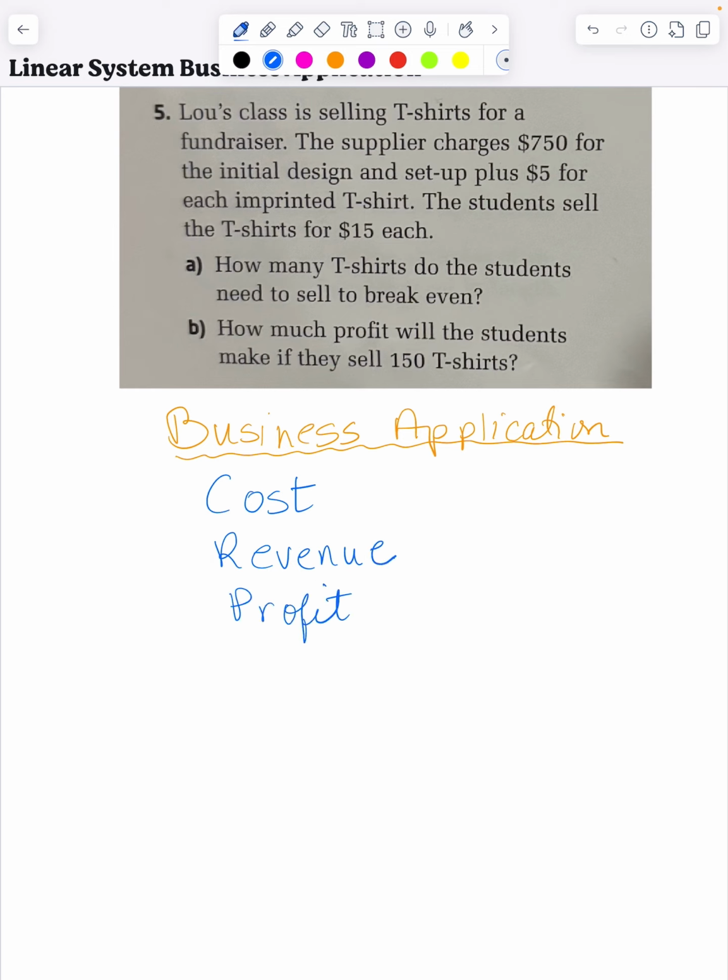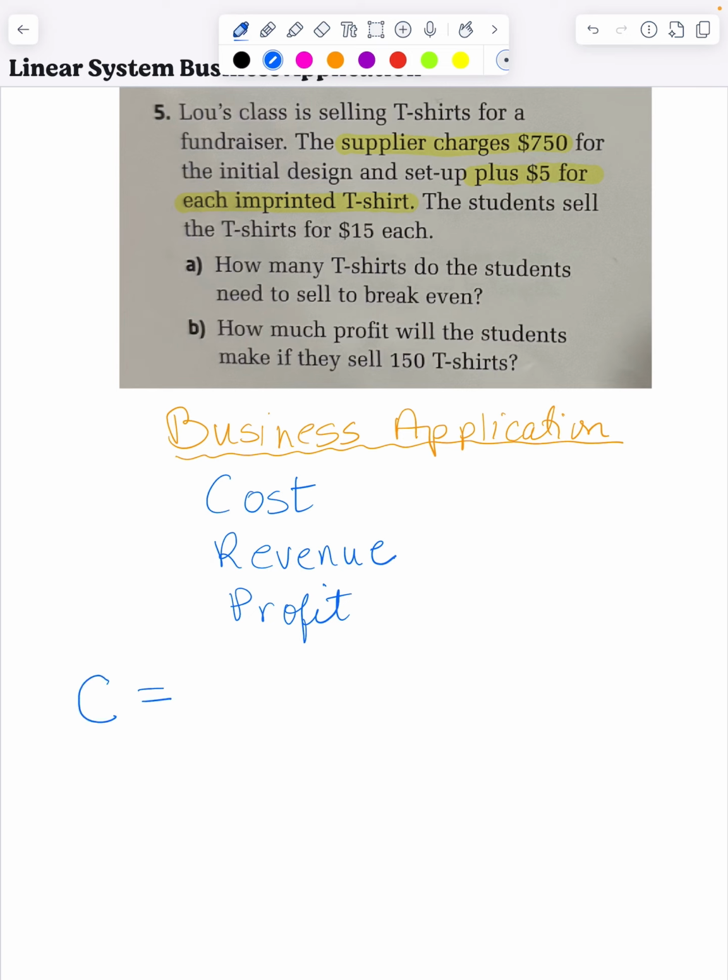So in this question, when we take a look, it says that the supplier charges $750 for the initial setup and design, plus $5 for each imprinted t-shirt. So when you look at this, this is your cost function.